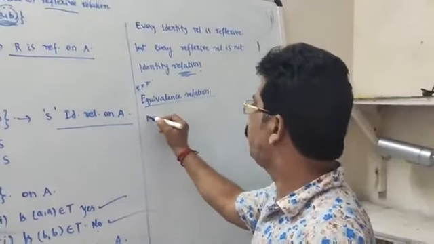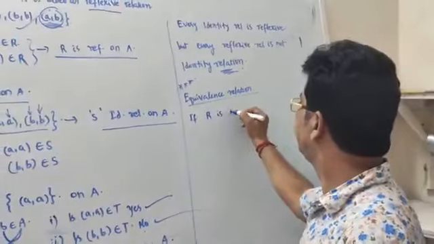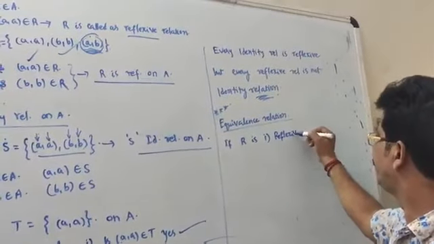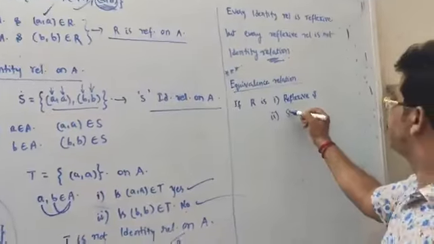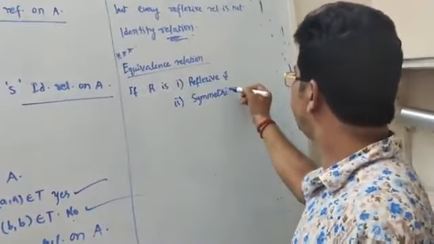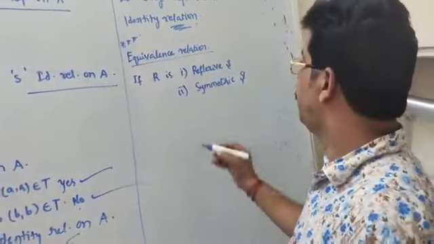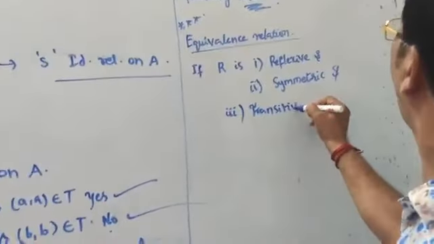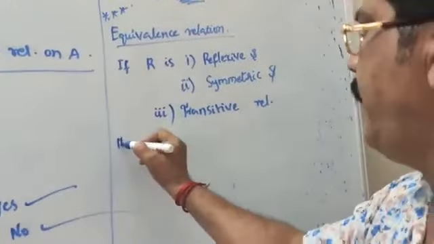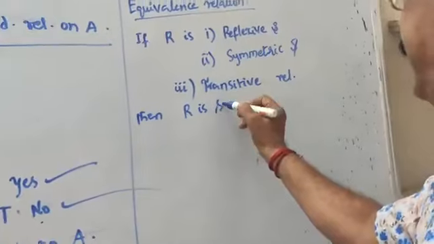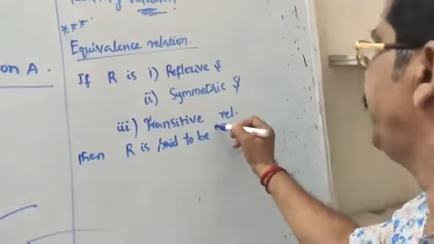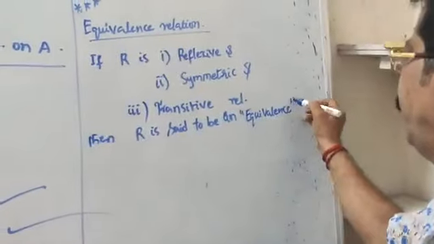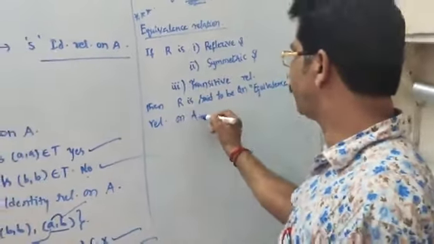Equivalence relation means if capital R is number one, first one reflexive, and second one symmetric, and number three transitive relation, then R is said to be an equivalence relation on the main set capital A.